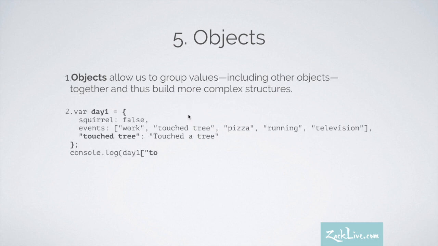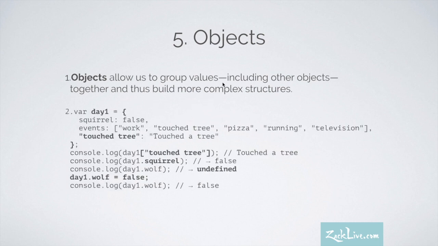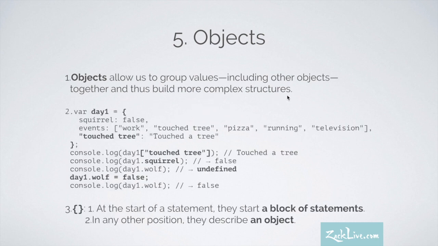Objects allow us to group values, including other objects, to make complex structures. So here is an example. We have a variable called day1, and it's an object. It's indicated by the curly braces.